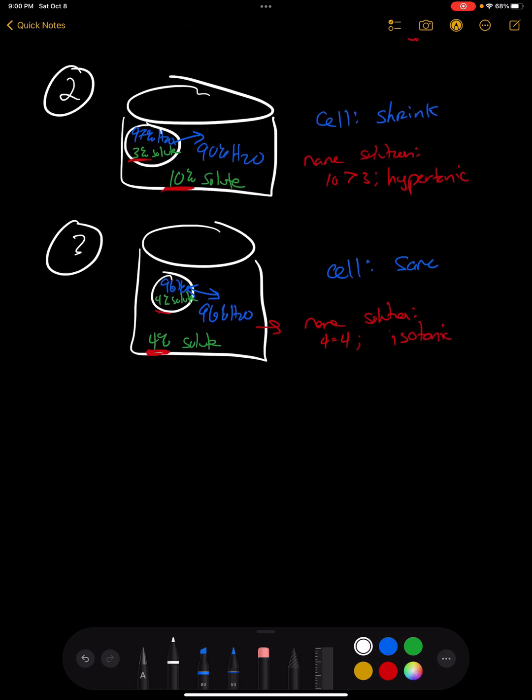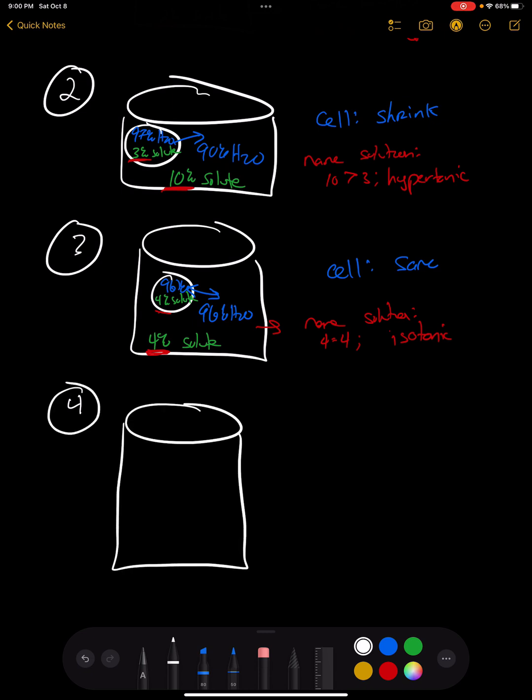Let's go ahead and do one more. So here's number 4. Here's my solution. Here's my cell. Let's put 9% solute in here. Let's put 2% solute in here. So first things first, I want to name the solution. I'm looking at 9 versus 2.